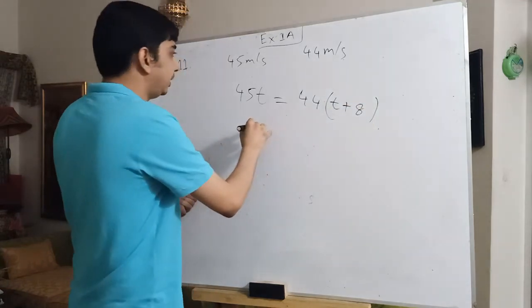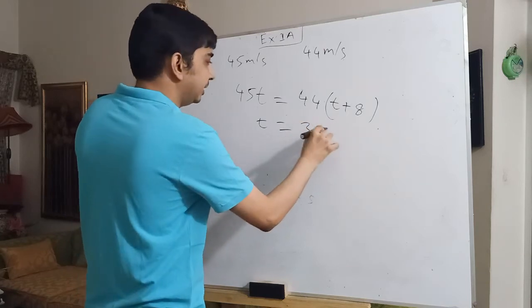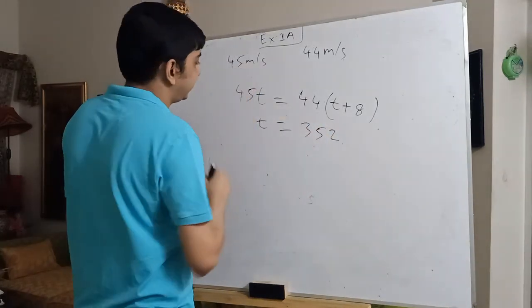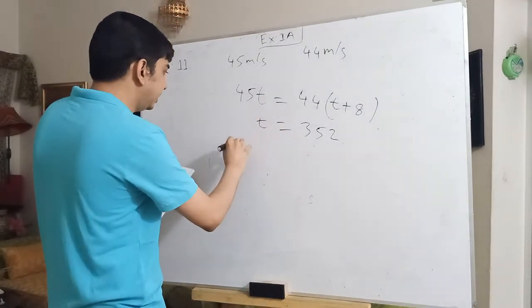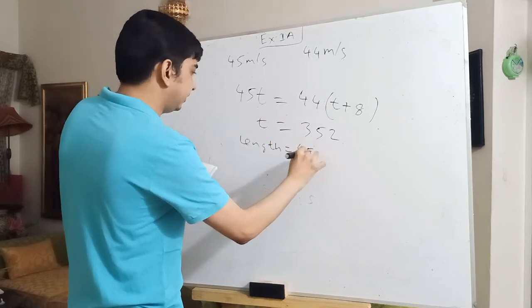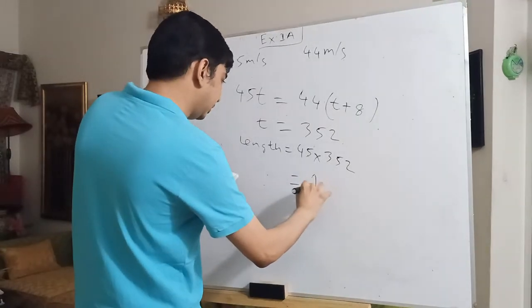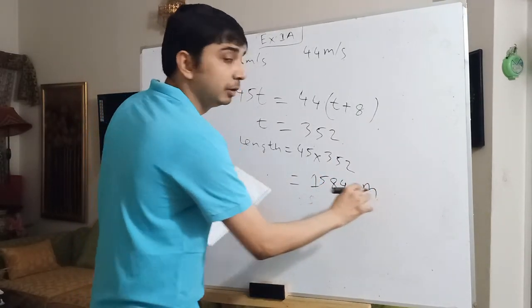If you solve this, the value of t comes as 352 seconds. That's the time taken by the faster car. Now, what will be the length of the race? 45t, 45 into 352. The answer that you get is 15840 meters.